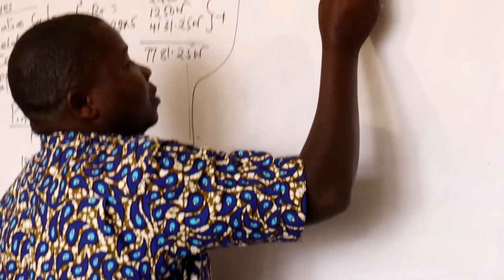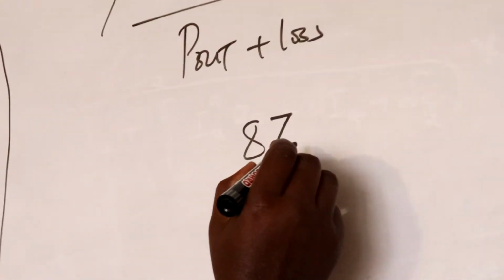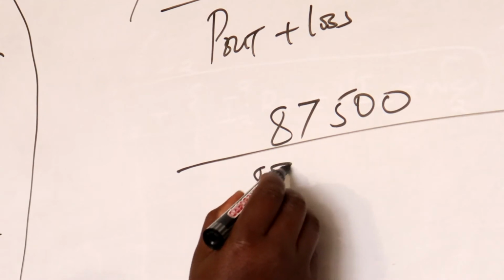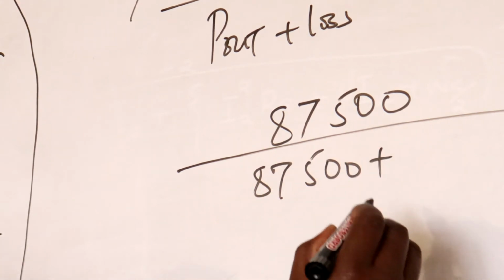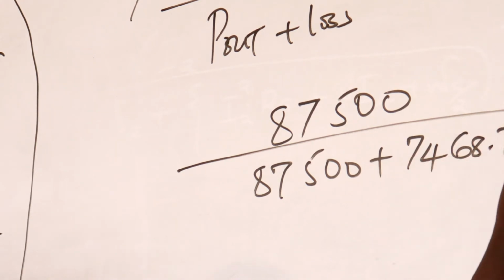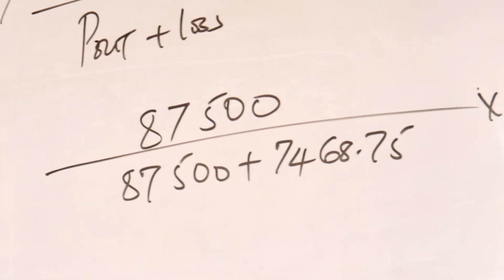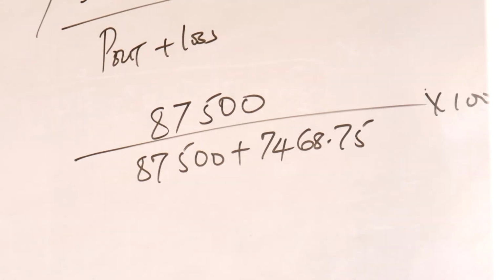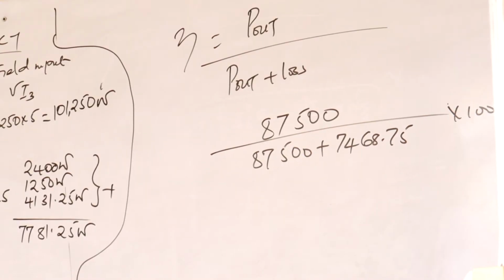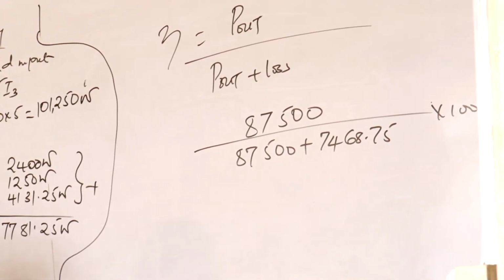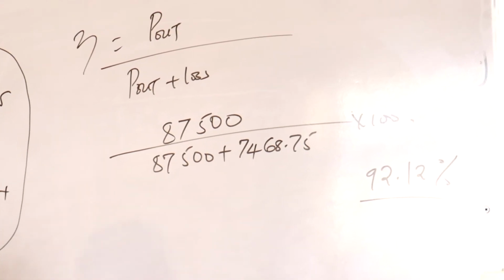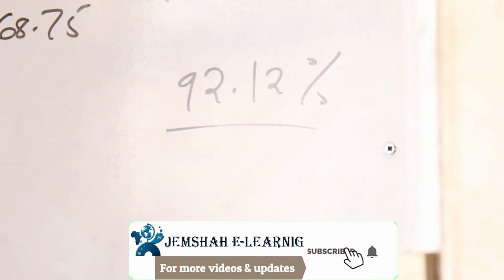So we are talking about 87,500 all over 87,500 plus 7468.75, times 100. That gives about 92. A very minor difference.